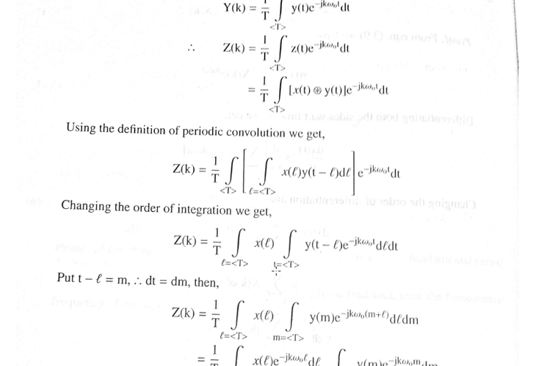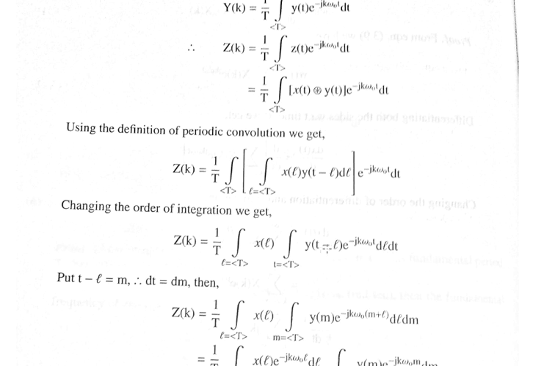And integration t is equal to tau. So over this integration, and within this y of t minus L has to be there. We can't take it outside because this y of t minus L is depending on this integration value. Now e raised to minus jk omega naught t dl dt is there, and we know that we should have a single term here.